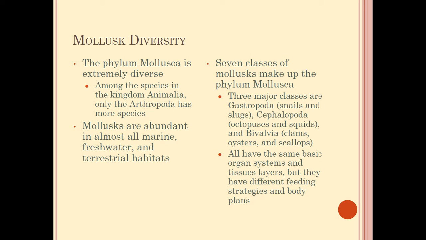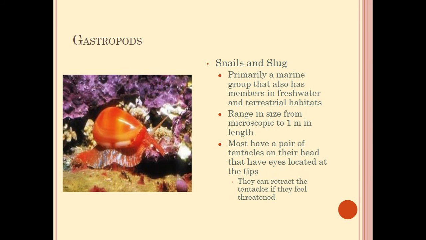They're all kind of the same within those categories. And so there is an extreme diversity between Gastropoda, Cephalopoda, and Bivalvia. They're extremely different, such as you wouldn't think of an oyster and a squid being in the same phylum, but they are. We also have some that are very abundant in freshwater and marine water, while others are terrestrial.